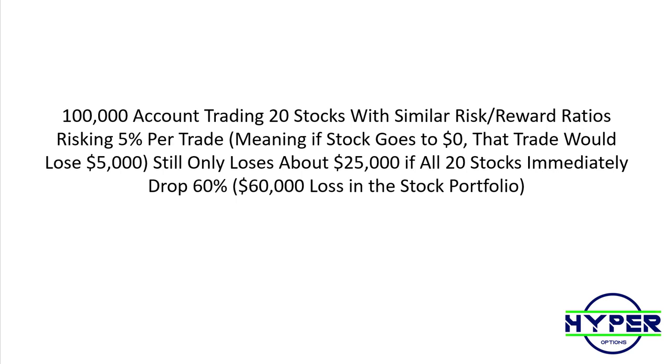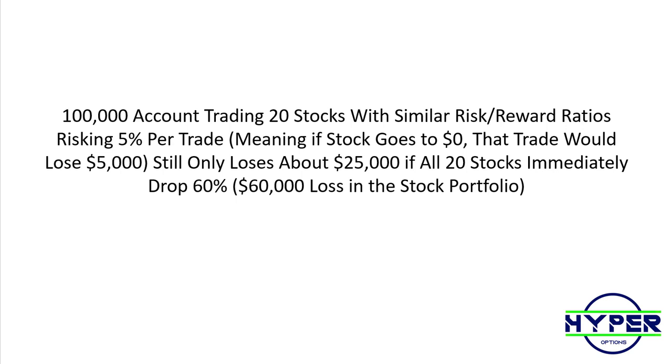So if you get into 20 stocks and you allocate 5% of your entire account to each of those stocks, risking 5% means that if the stock goes to 0, you would lose $5,000 in the account. So you have 20 of these stocks. If all 20 stocks immediately went to 0 after you got in, you would essentially be losing $100,000.